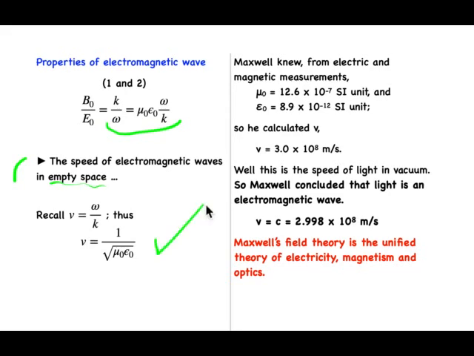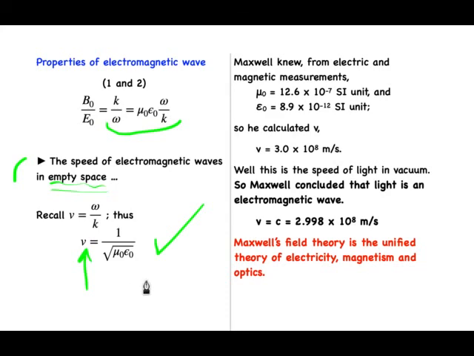So these waves have something very remarkable. They all have the same speed. This is in empty space. Waves in a material like glass or water, that's a little different because mu and epsilon can depend on k and omega. But never mind, that's optics. For waves in vacuum, they all travel with the same speed. There's a universal speed of light.